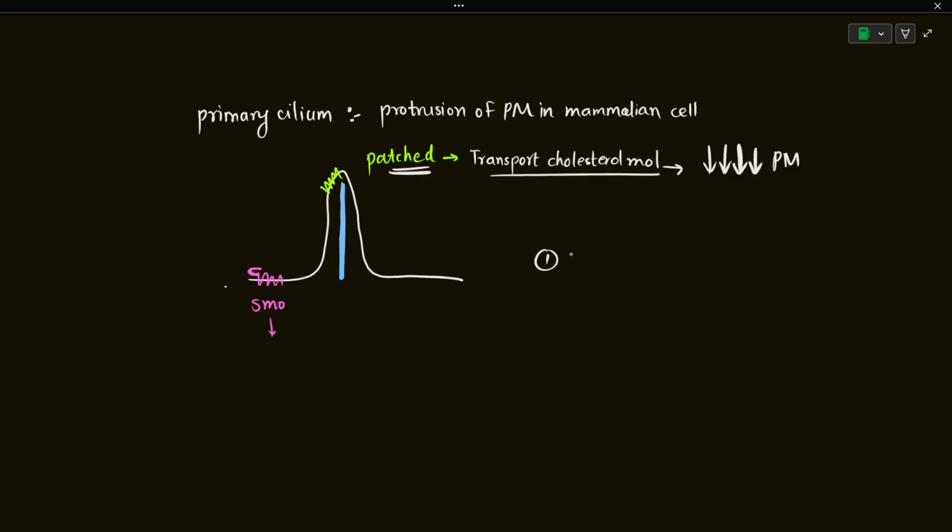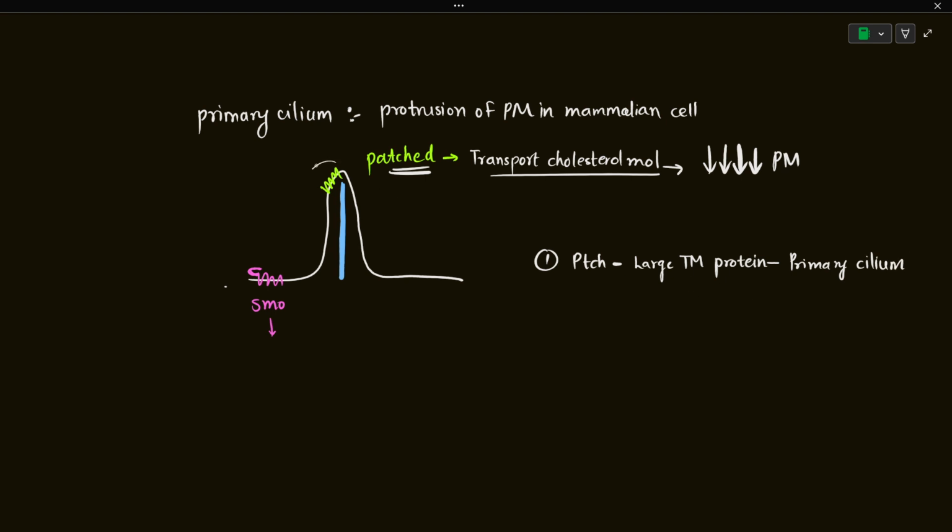Let me just write it so that you will be able to understand it better. First is the patched receptor. It is able to transport cholesterol molecules because it is actually a channel for cholesterol molecules. So it is a large transmembrane protein which is residing over the primary cilium.